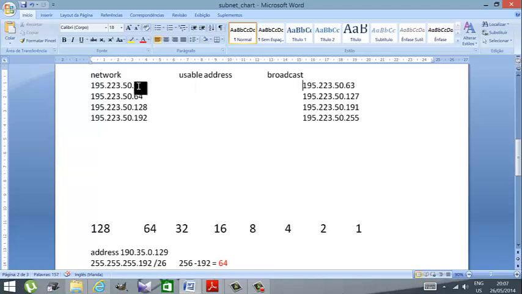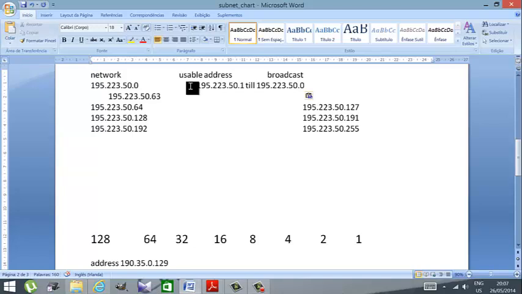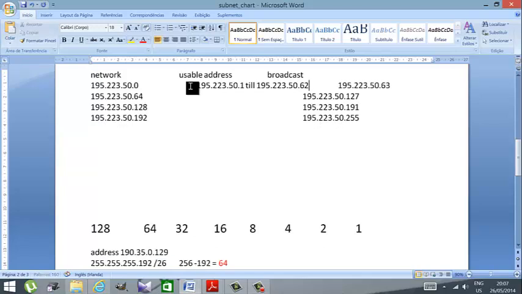It's everything between 0 and 63. So the usable addresses in this particular network are going to be 195.223.50.1 till .62. So what's going to be the next range in this network?